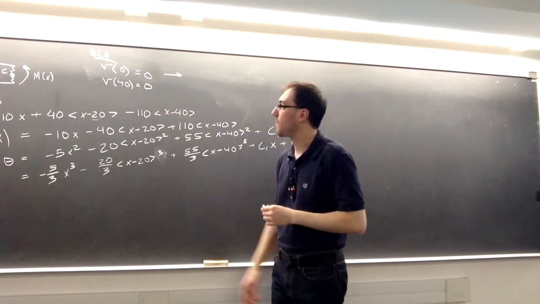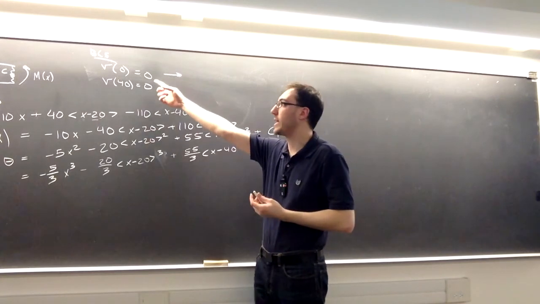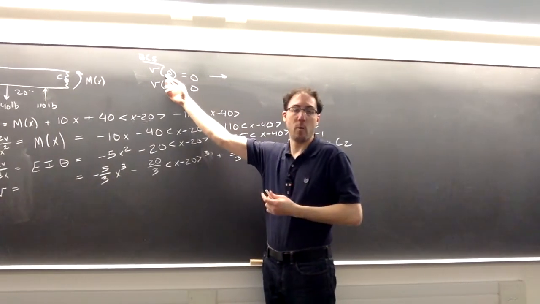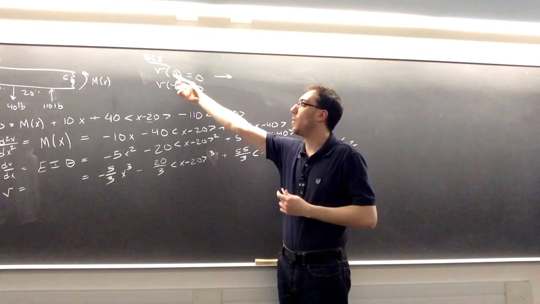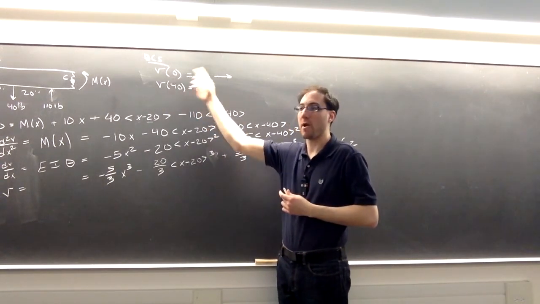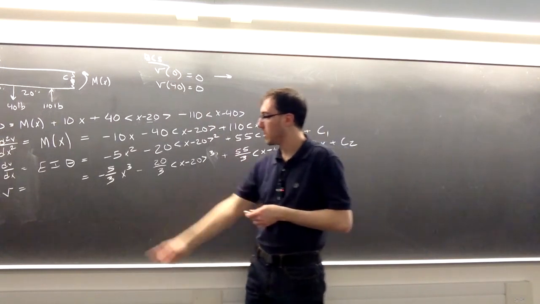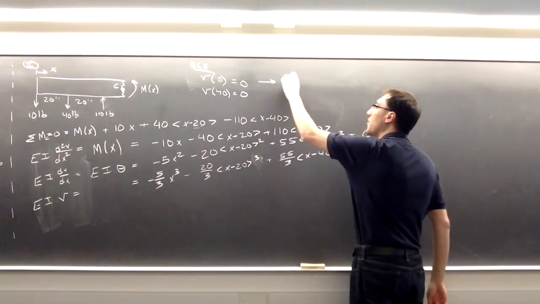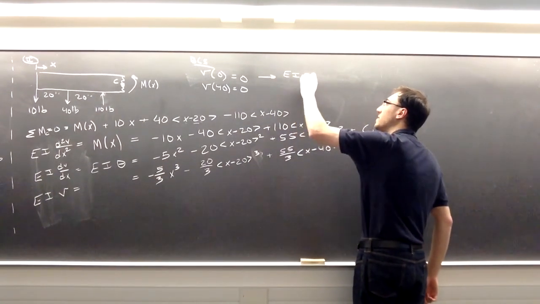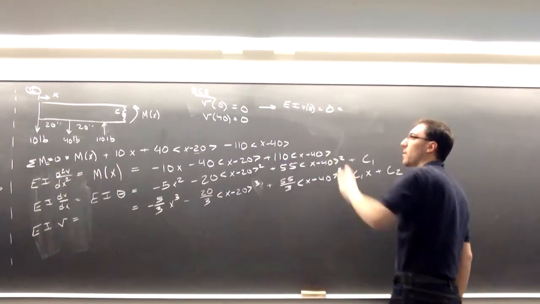So what we do is for the first one, we'll start here. If one of our x values is 0, it's usually easier to start there. So we want to set v of 0 equal to 0. So that means we use this deflection equation here. We know that EI times v of 0 is equal to 0.